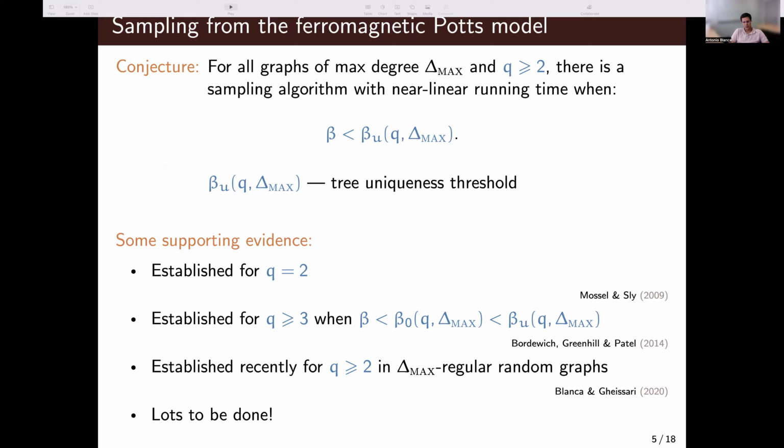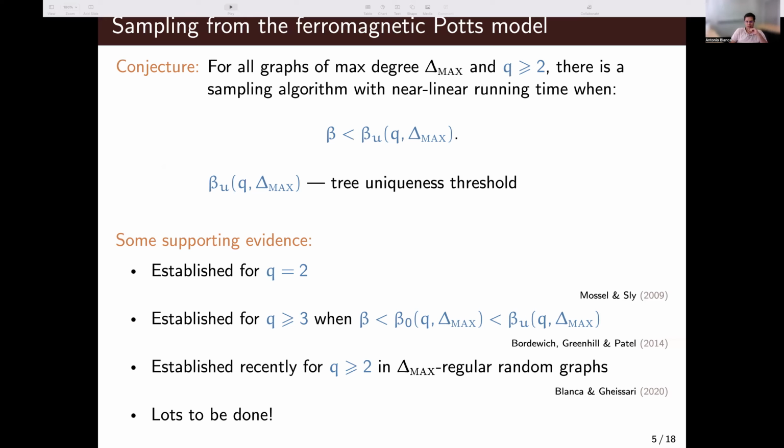Okay? Now, the conjecture has also been established to some extent by the work that I just mentioned in the previous slide of Bezáková, Galanis, Goldberg, and others, where they show that this actually holds, but only for some constant beta that is below this uniqueness threshold. So there is a gap here that is open and has been open for quite some time, and yeah, we would like to close this gap.